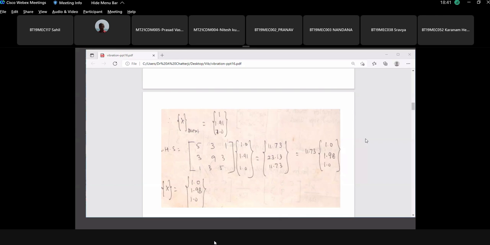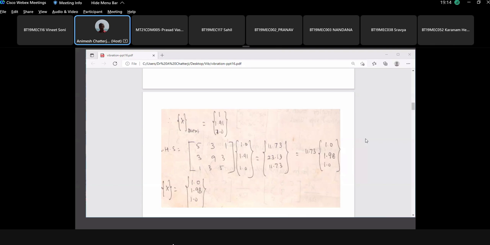Can anyone tell me what's happening if you start with 1, 2, 3? It's converging steadily, so the values are decreasing. The answer to the question is that there is a proof that even if we start with different vectors, it will always converge.